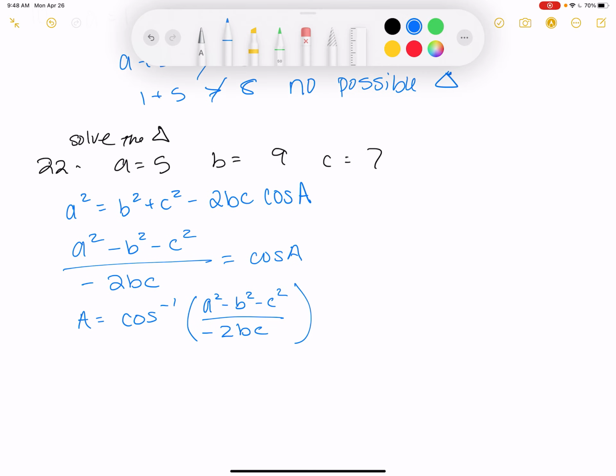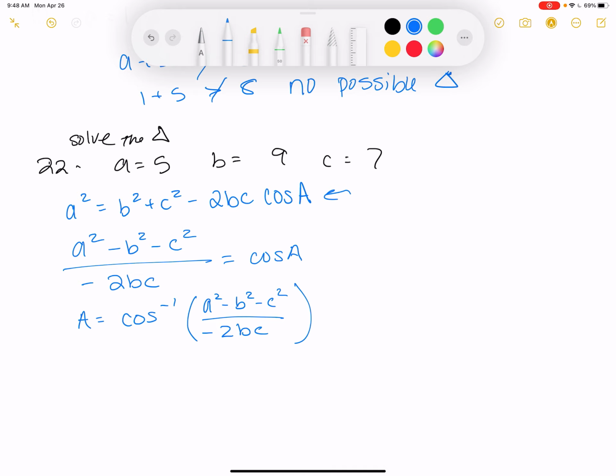Okay, do we follow how I got A by itself? We're good? No questions about how A got by itself? We took the inverse cosine. Okay, if you don't like this method, then from right here, you can just start plugging in numbers and moving stuff over, and hopefully you know laws of math and you can get A by itself.